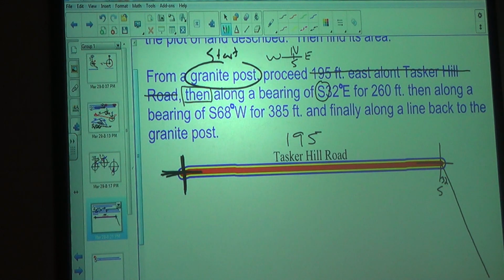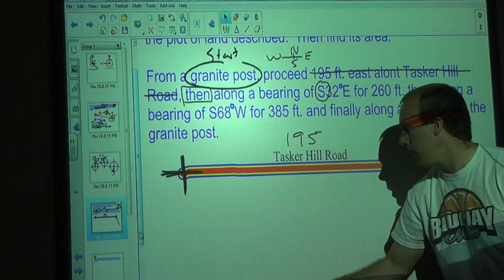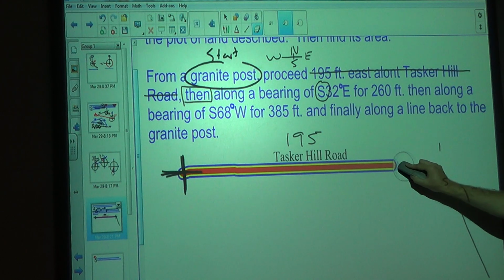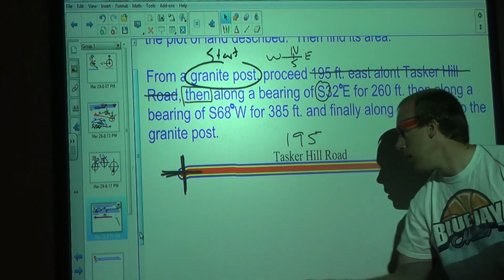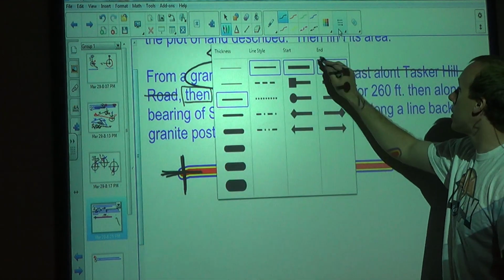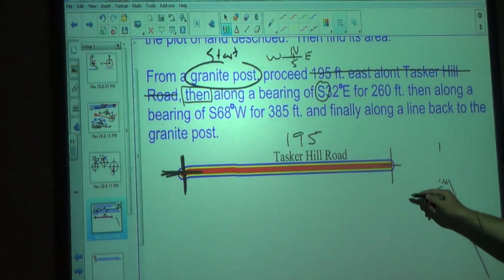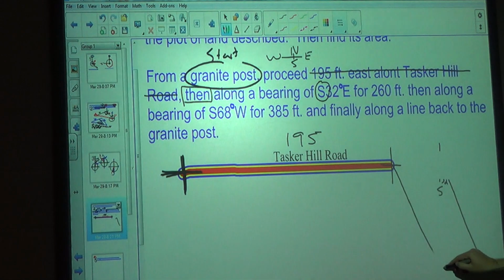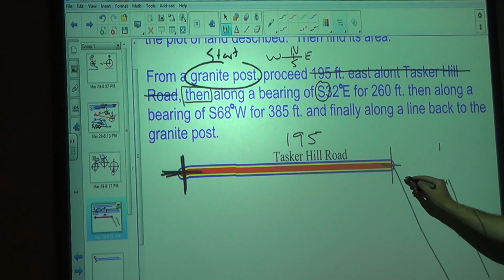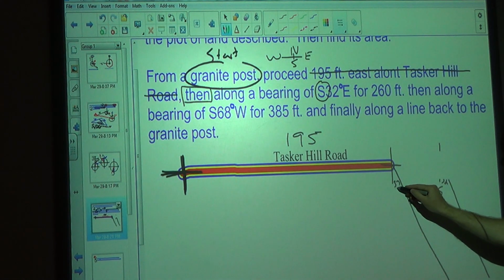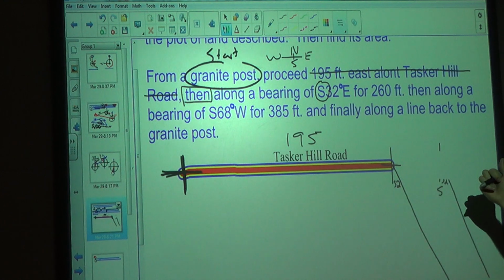Actually, before I do this, I'm going to make Tasker Road a little shorter. Okay? Let's try one more time. So I'm going to make my crosshair here, and I'm going to go south 32 degrees into the eastward direction.